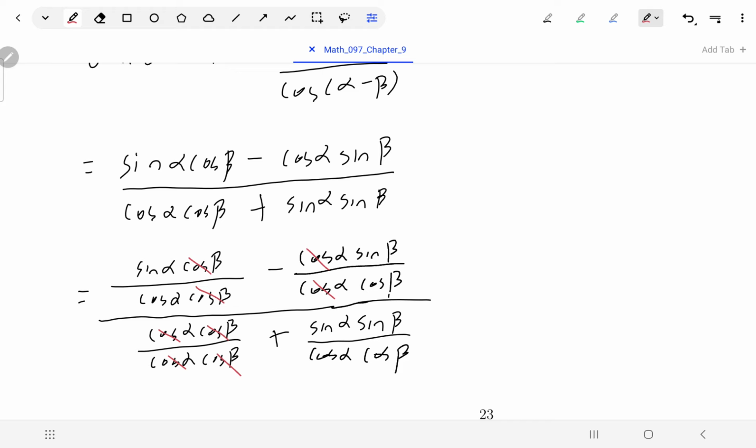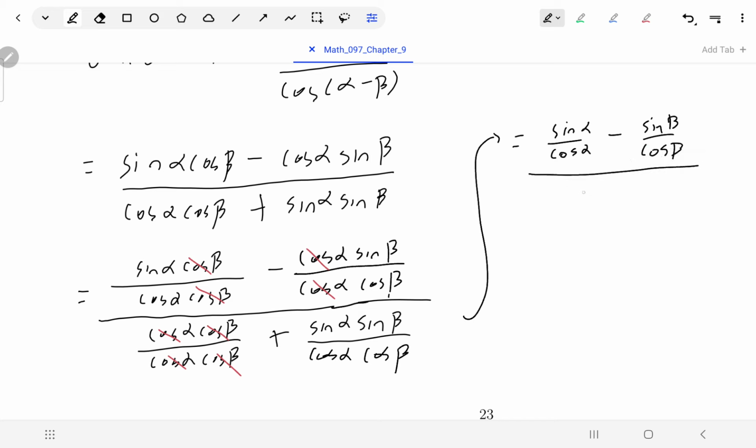And so simplifying, what is this giving us? This is giving me just sine alpha over cos alpha in the first term minus sine beta over cos beta. And then 1 plus sine alpha sine beta over cos alpha cos beta.